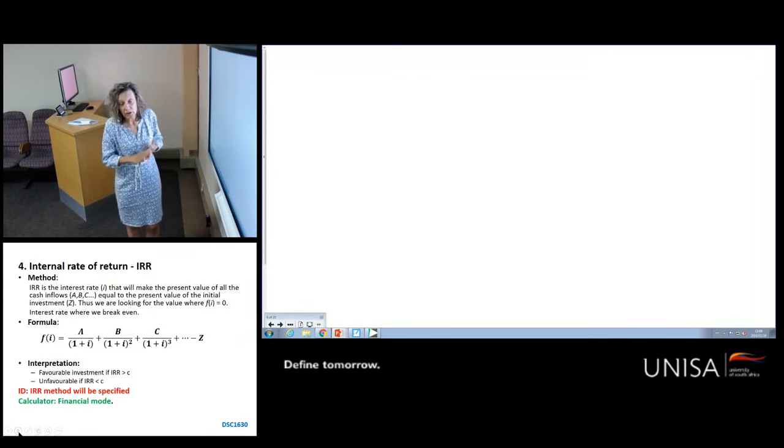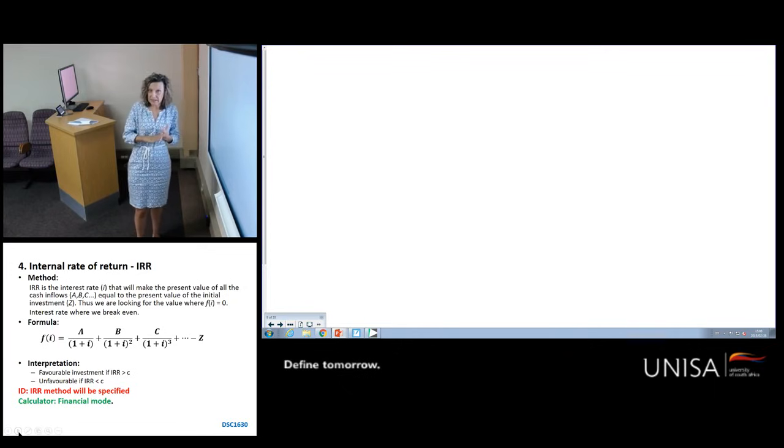The third one was the profitability index. We again compare the positive, now taking our time into consideration, the value now of our inflows, towards a ratio towards our outflow, and that is called the profitability index.